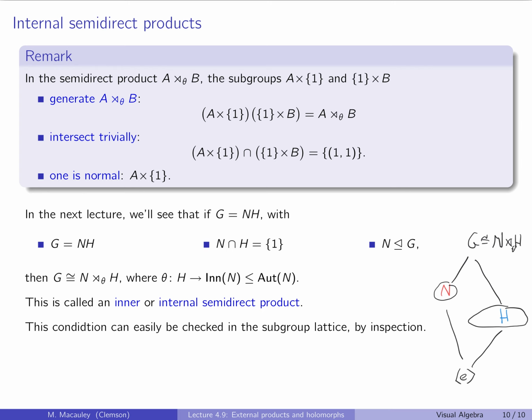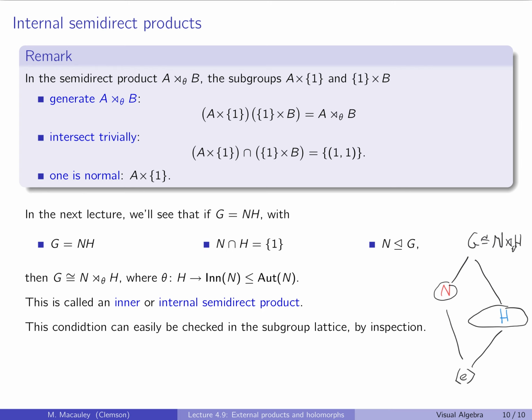But some groups break up as semidirect products in multiple ways. We'll actually see one of order 12 that breaks up into a semidirect product three different ways and a direct product. So sometimes we can also find a pair of groups that satisfy this condition that are both normal.